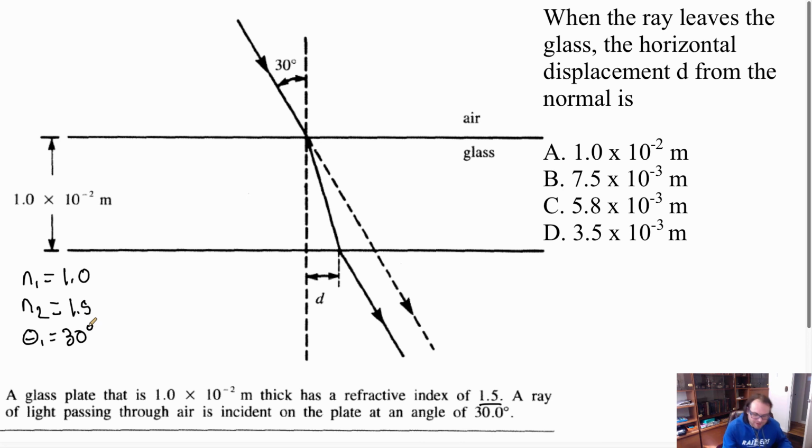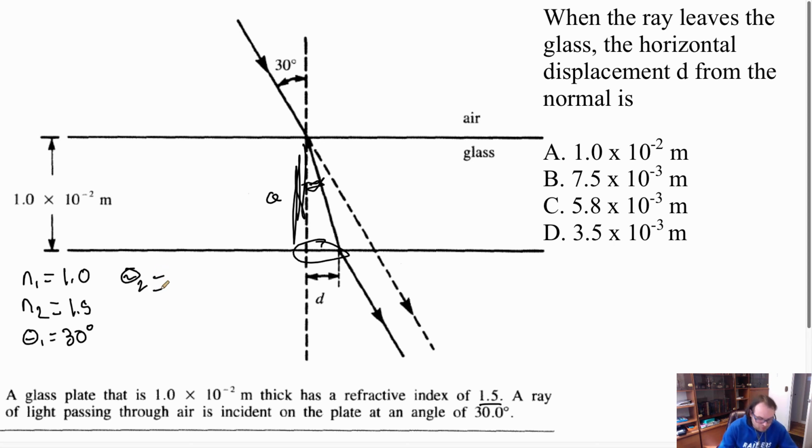Now, before I can find this distance here, I know this length here, so I want to be able to find out what this angle is. If I could figure out what that angle is, then I could just use simple trig to find out that distance there. If I know this distance, I would know the adjacent, and I know the angle, so then I just use tan to find my opposite. So we want to figure out now what is angle 2 using Snell's law.